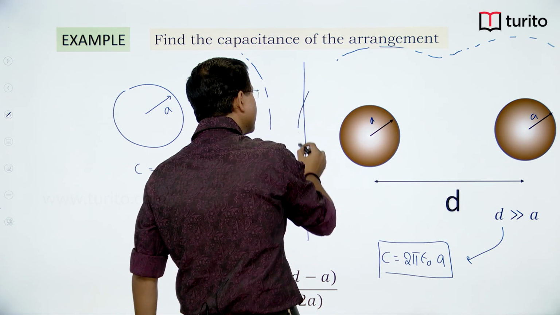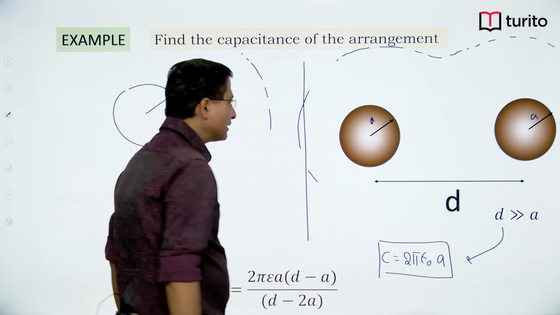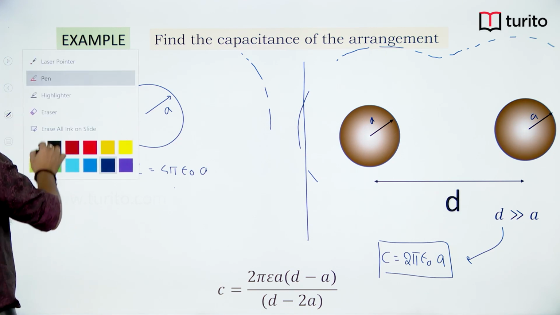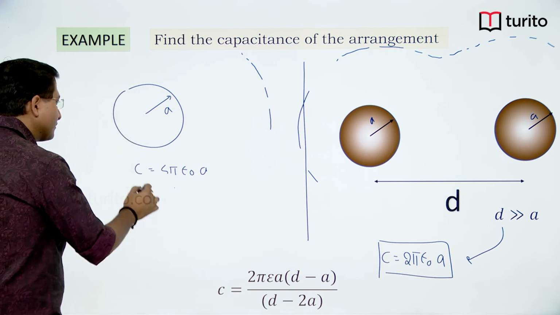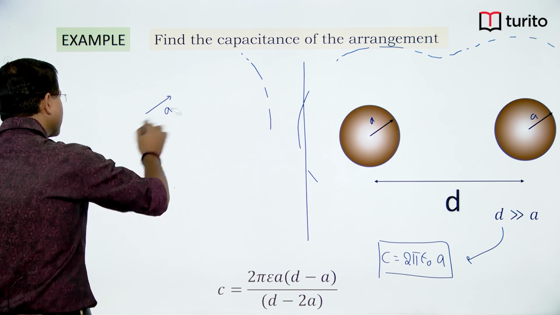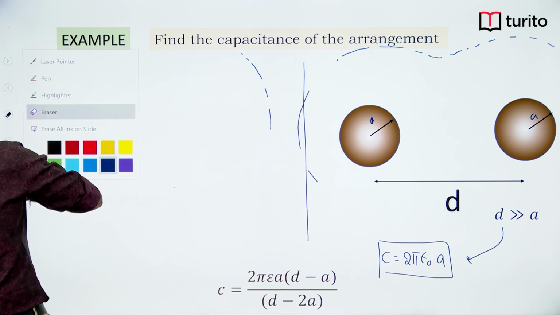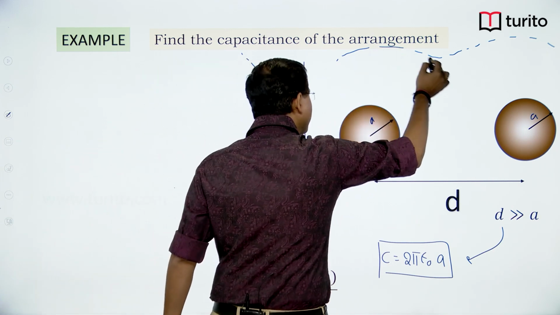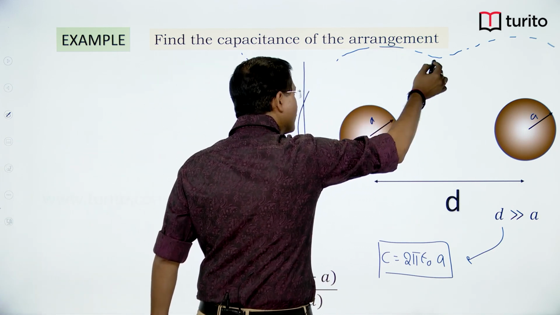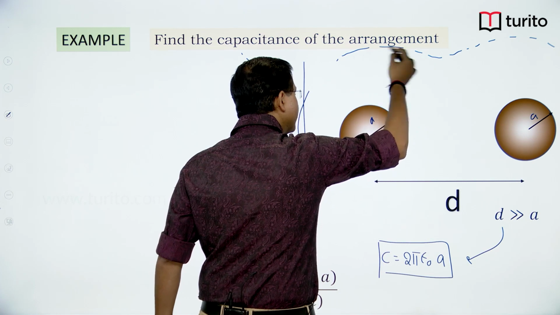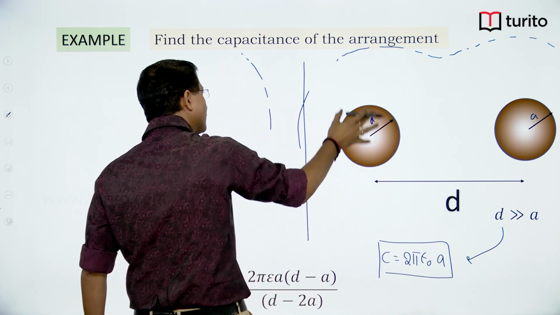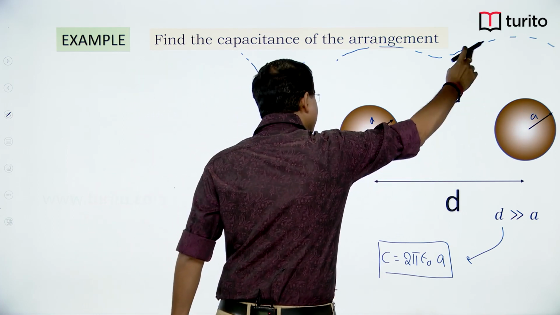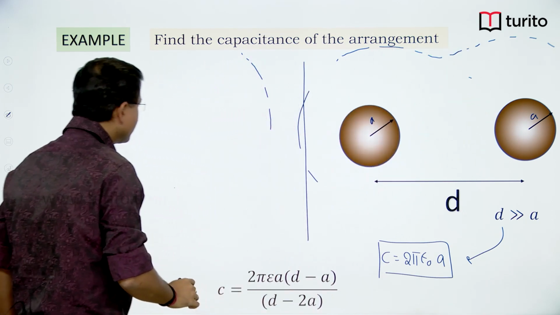So, I can visualize this system as, the infinity where the second plate of this capacitor, or second spherical shell of this one, is placed, and this one is placed. As they are connected, they are at the same potential.